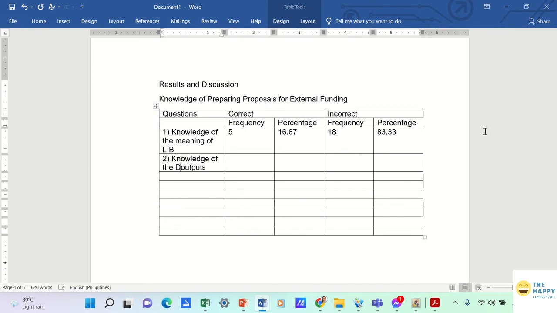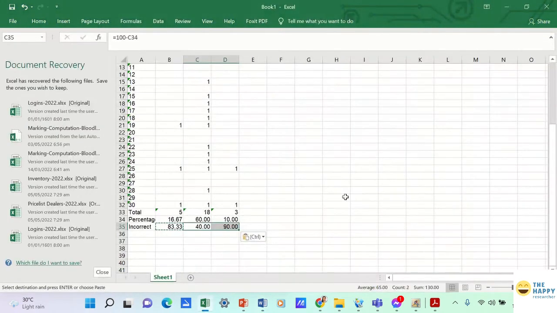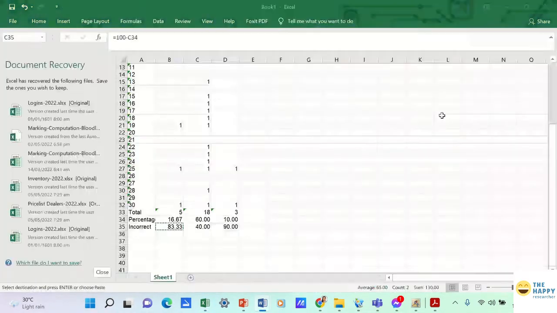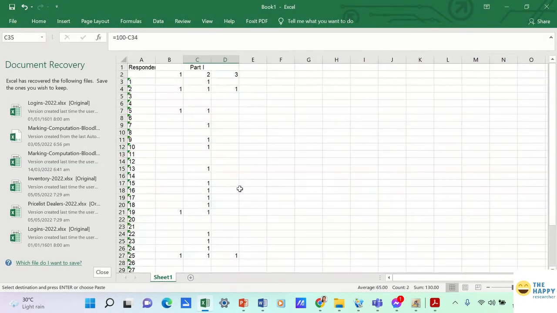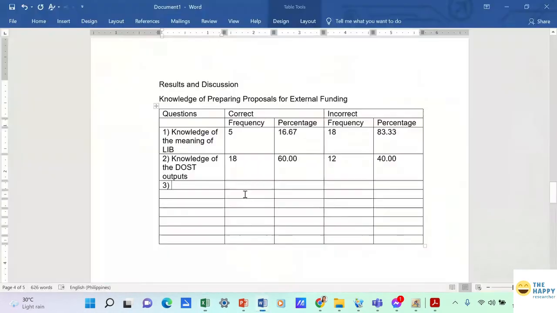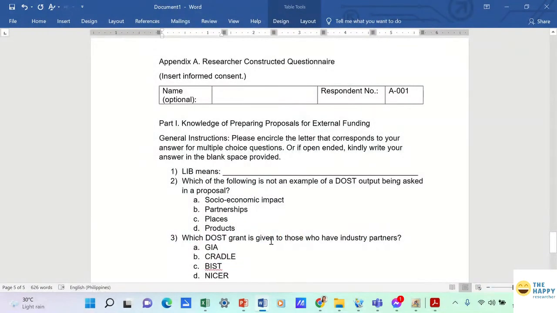So we proceed with doing it for the rest of the questions. For our requirement, you need to have at least three questions or three items, and then show me the data and the summary.